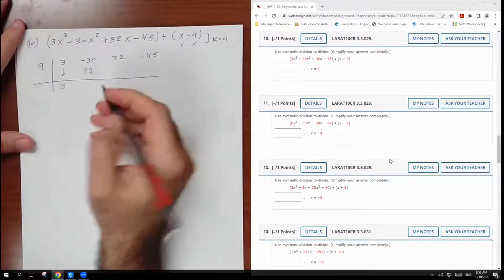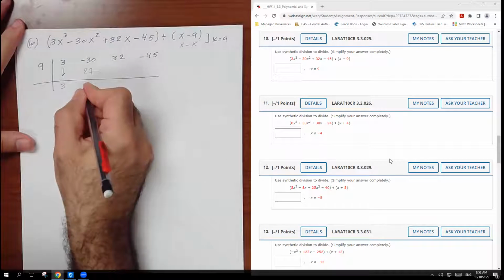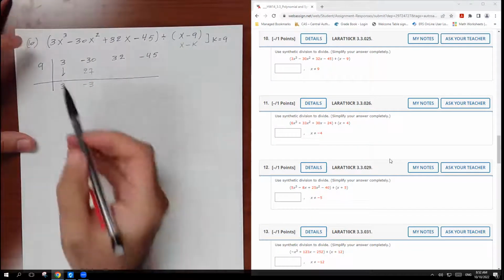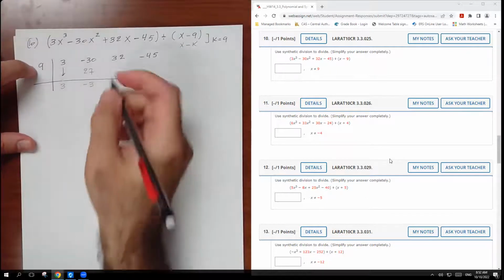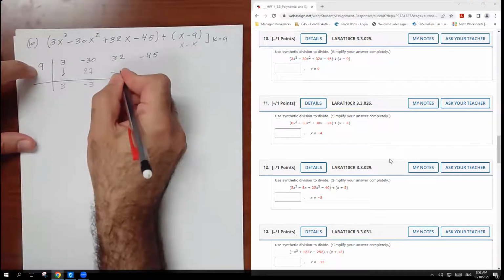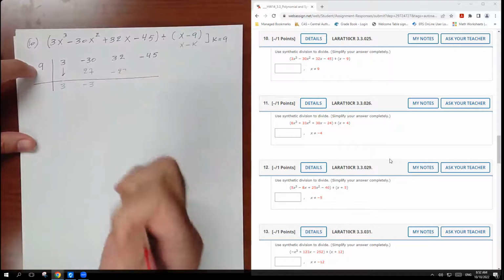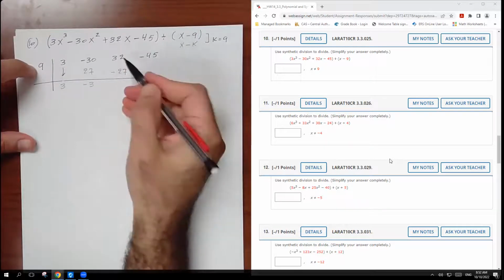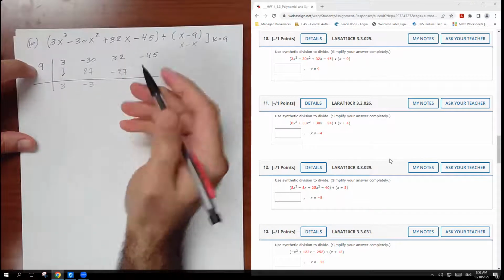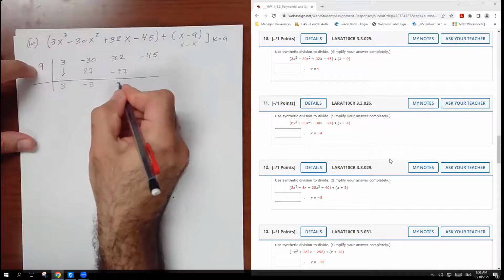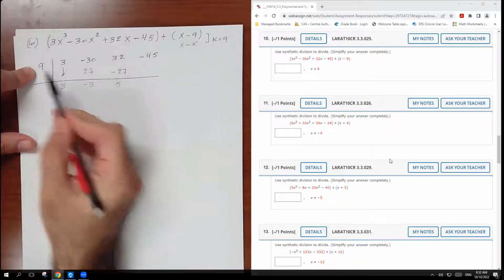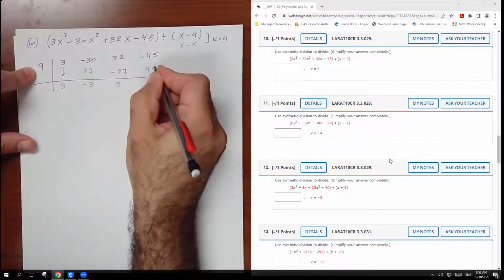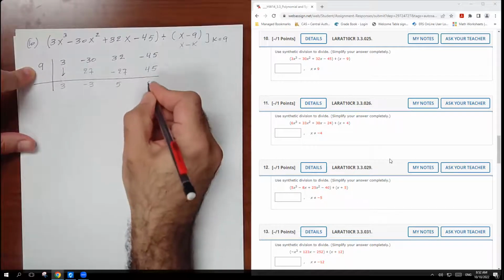Negative 30 plus 27 is going to be negative 3. Again, 9 times negative 3 is going to be negative 27. Let's add these together. 32 minus 27 is going to be 5. Now multiply 9 times 5, that is going to be 45. Add these together, it is going to be 0.